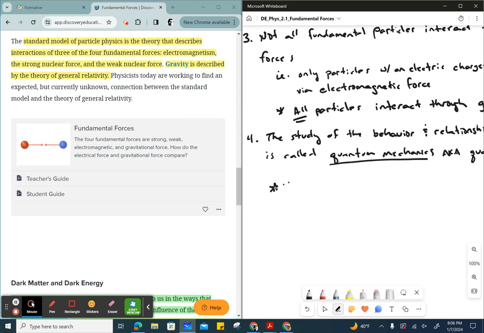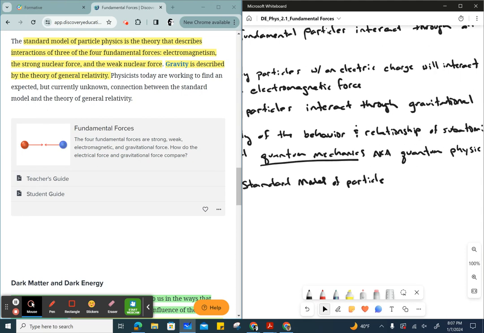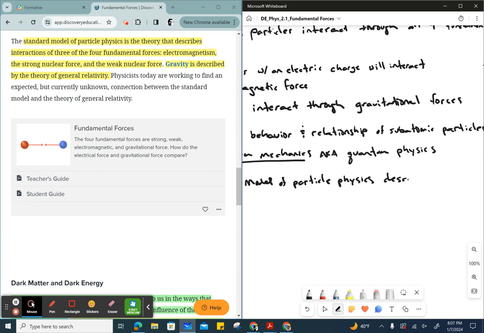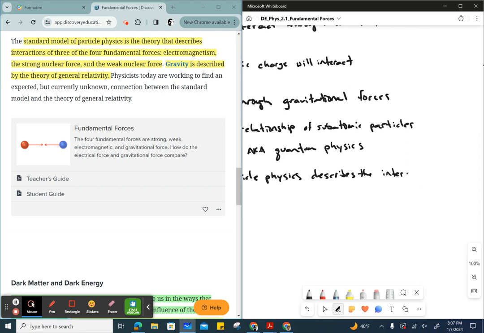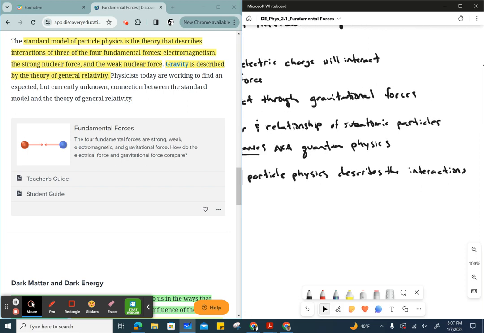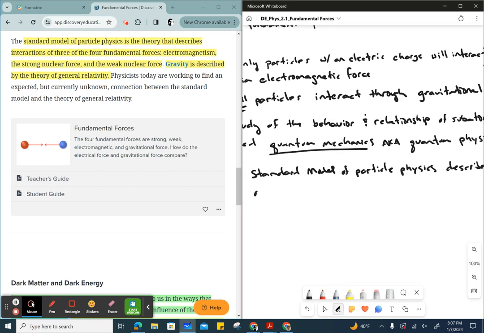Okay, you have the standard model of particle physics describes the interactions of only three of the four fundamental forces.